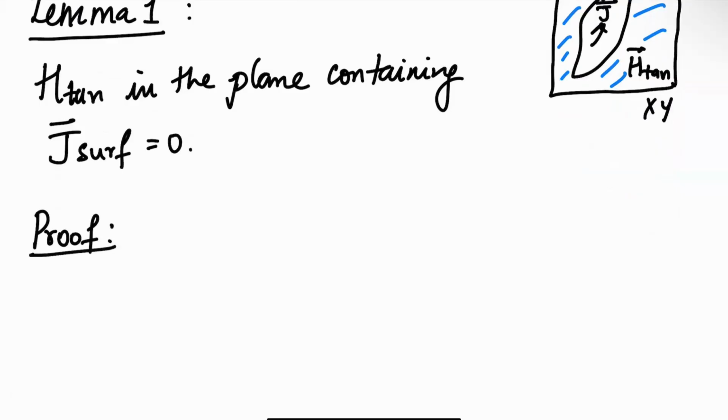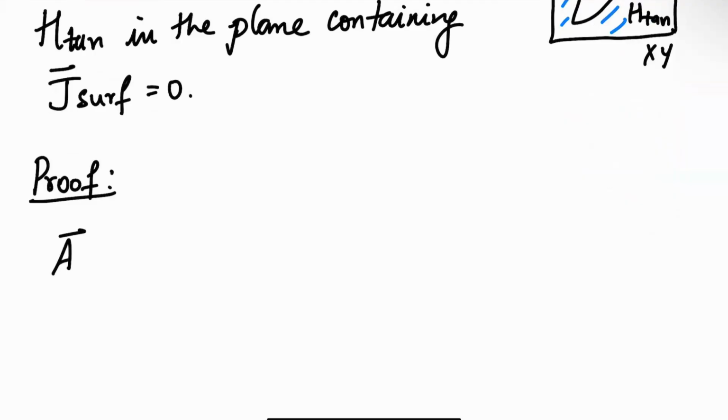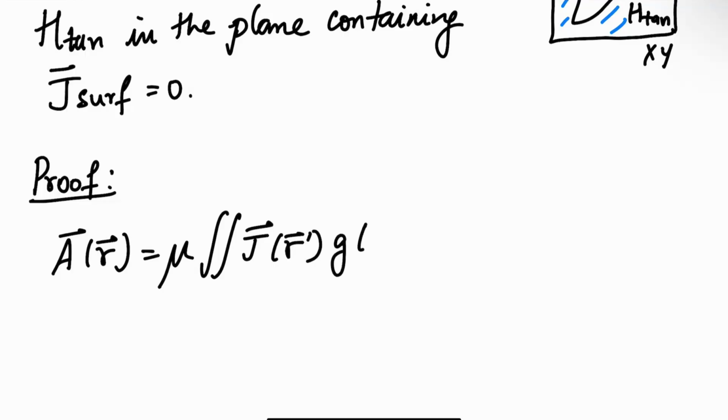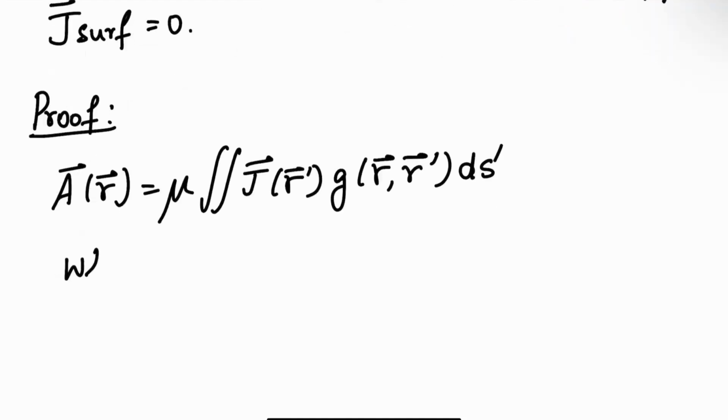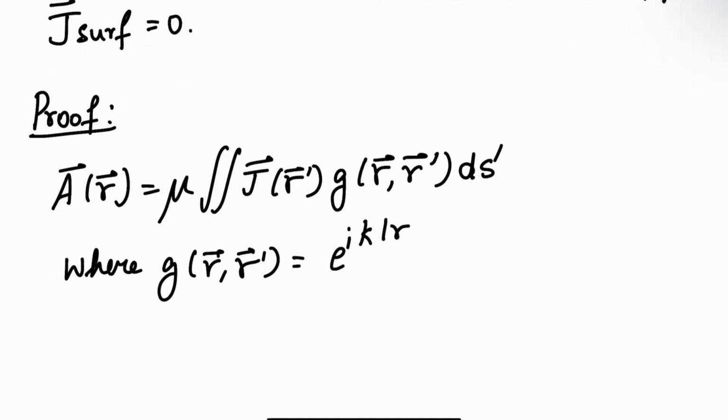Given that I have J surface, I can find the magnetic vector potential as A equals mu times the integral of J of r prime, G of r comma r prime, ds prime, where G is e to the ik mod r minus r prime over 4 pi mod r minus r prime.